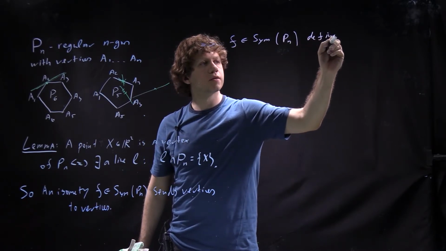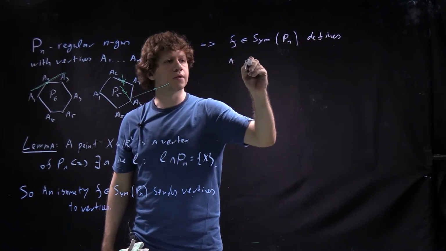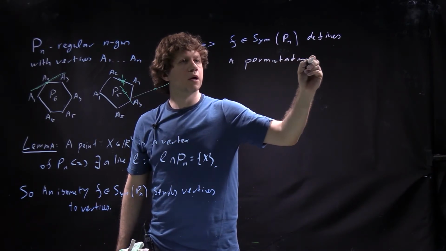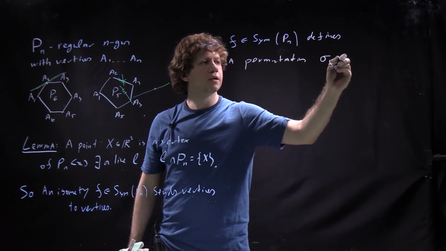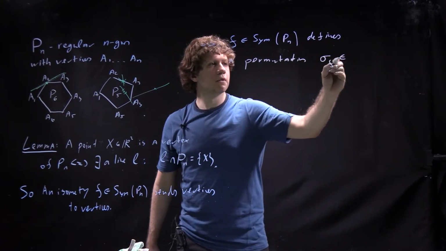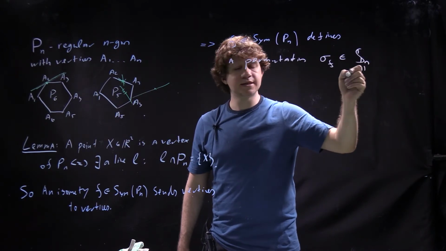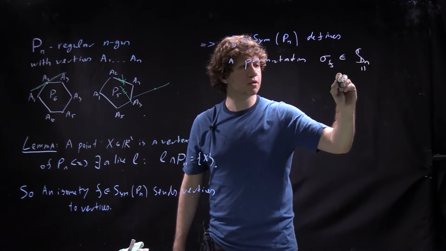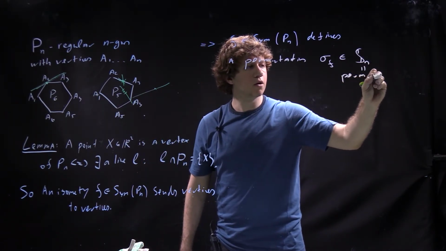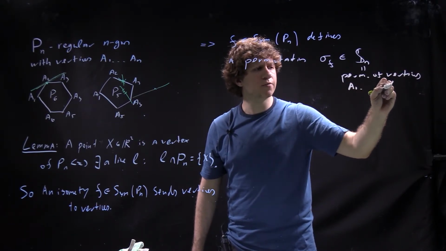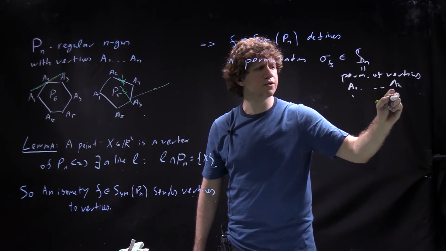defines a permutation sigma F inside Sn, where this is a permutation of vertices A1 up to An, which I will just identify with labels.